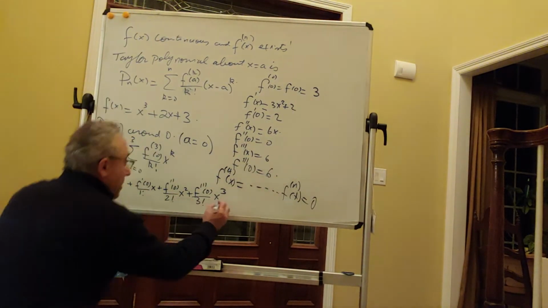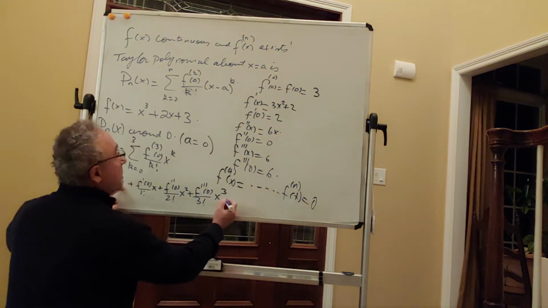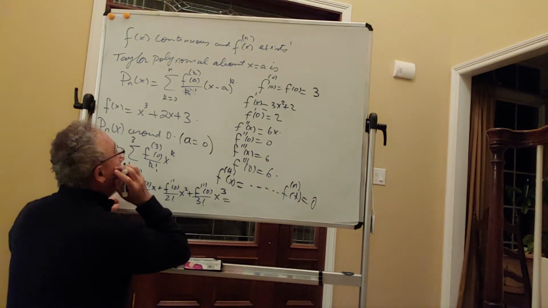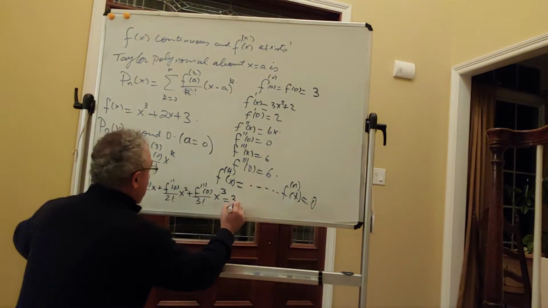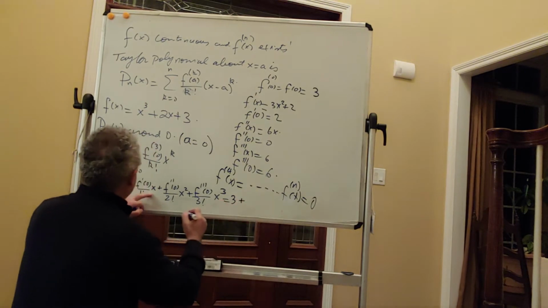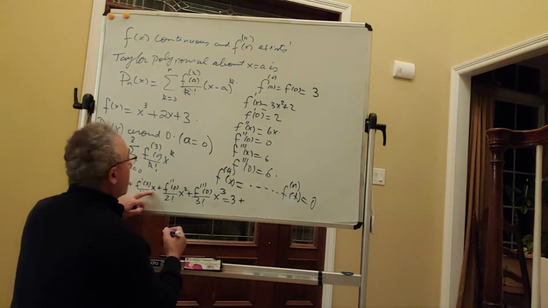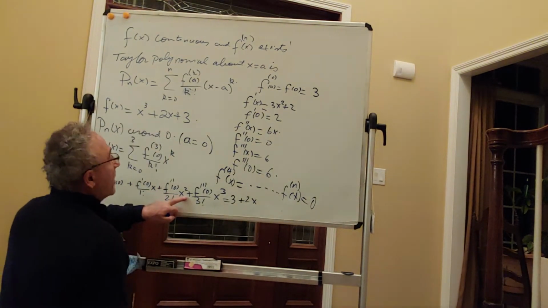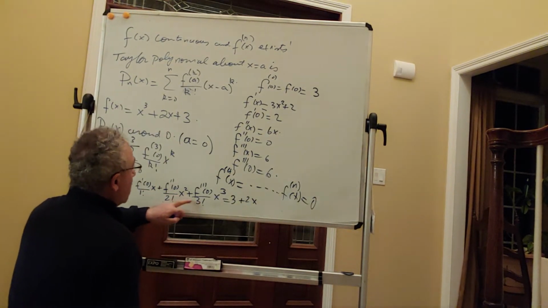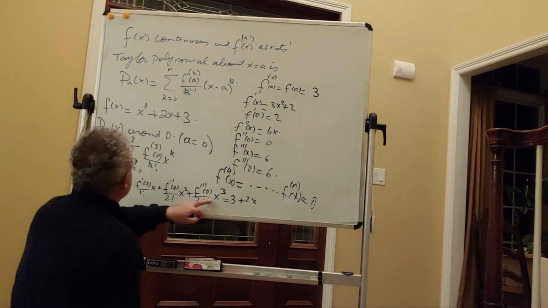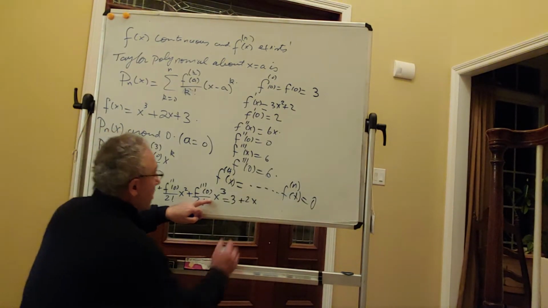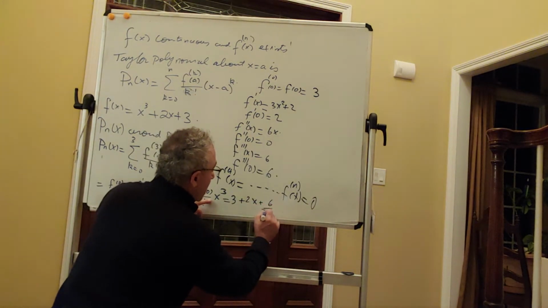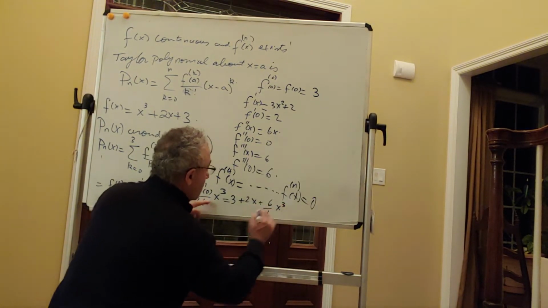So this is going to be f of 0, we said, is what? Is 3, plus f prime of 0, which is 2, so 2x. f second of 0 is 0. f third of 0 is, what is it? f third of 0 over 3 factorial, that is 6 over 3 factorial times x cubed.